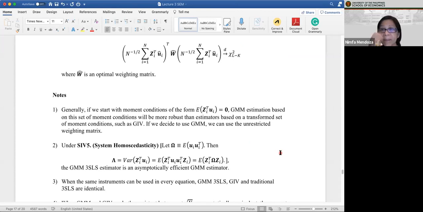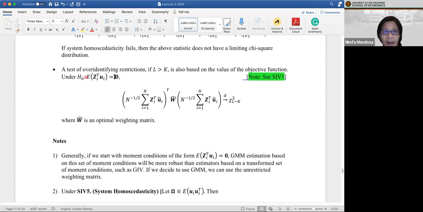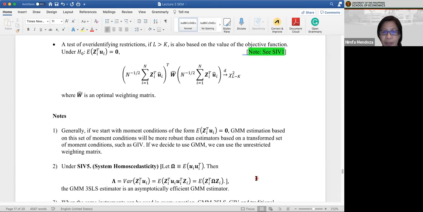Generally, if we start with moment conditions of this form, which is just the first assumption, GMM estimation based on this set of moment conditions will be more robust than estimators based on a transformed set of moment conditions, such as the GIV. Note that when we derive the GIV, they are based on a transformed set of moment conditions.